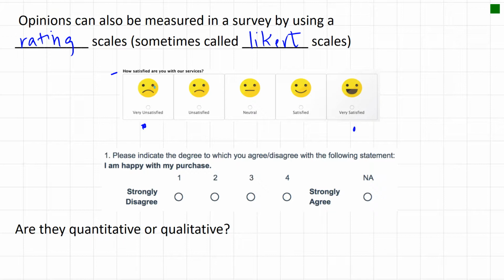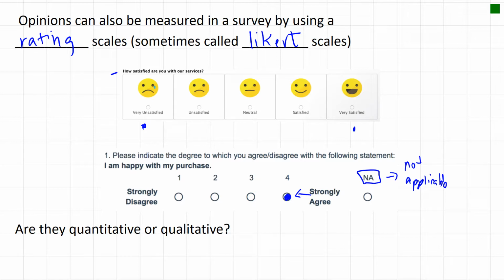Please indicate the degree to which you agree or disagree with the following statement. I am happy with my purchase, and you have to circle how you feel. So if you very strongly agree, you want to pick the one that's closest to strongly agree, so number 4. And NA stands for not applicable. In other words, maybe you didn't make a purchase, this question has no meaning to you.